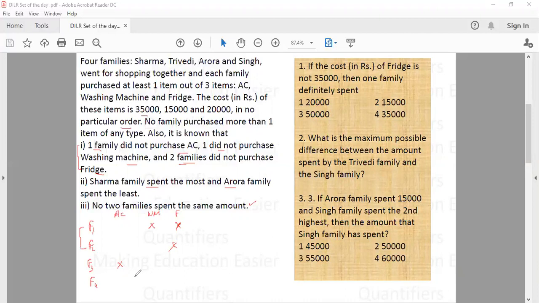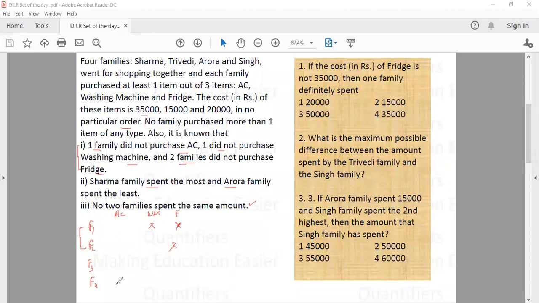If you take F4 as the family which did not purchase AC, then the values which were there for F4 will be the values for F3, right? That won't make any difference.